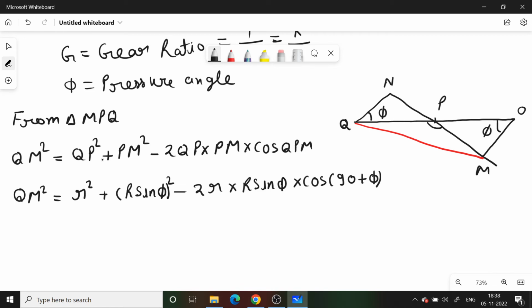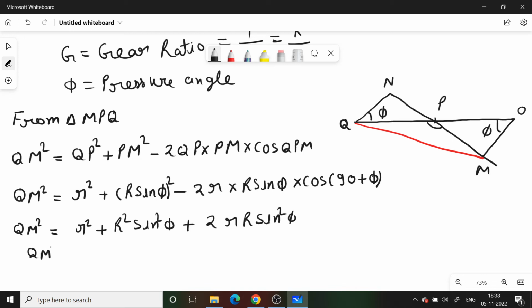Cos (90 plus phi) is minus sin phi, so it will be plus sin square phi.